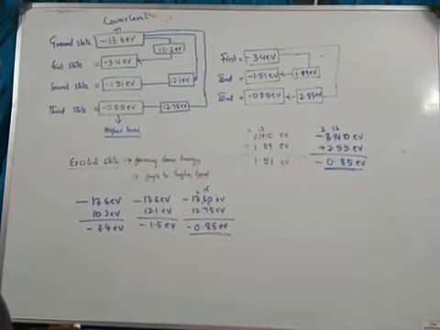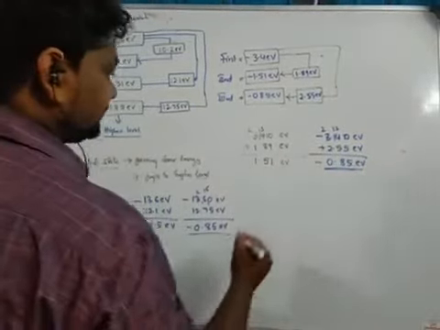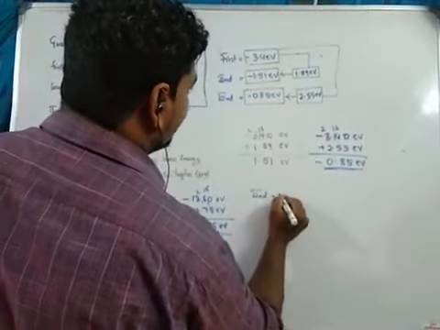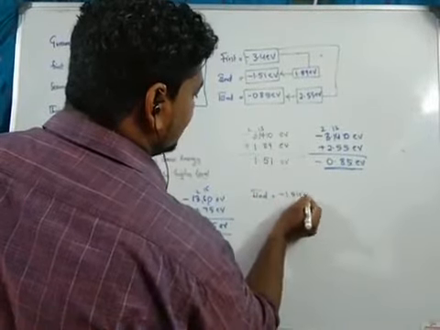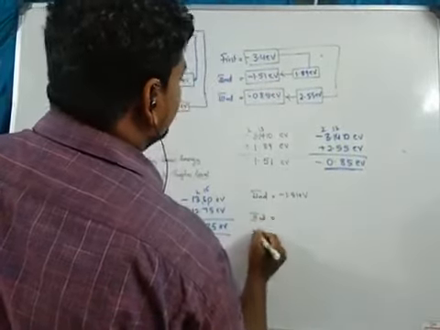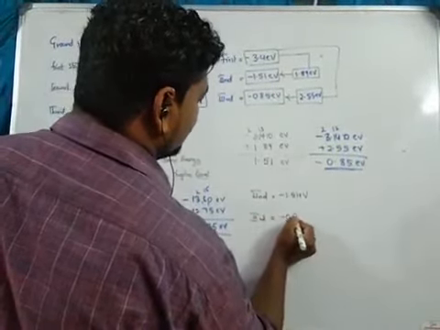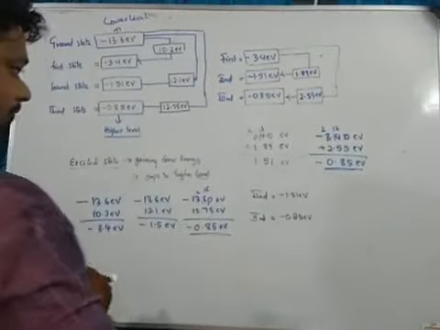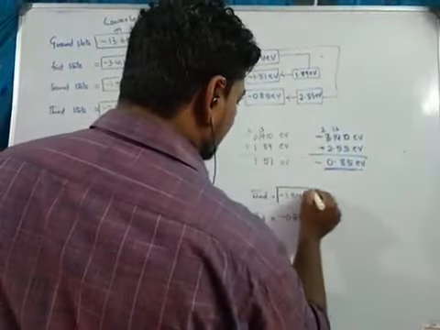Similarly, for the second state to the third state, the second state value is minus 1.51 electron volts and the third state is minus 0.85 electron volts.